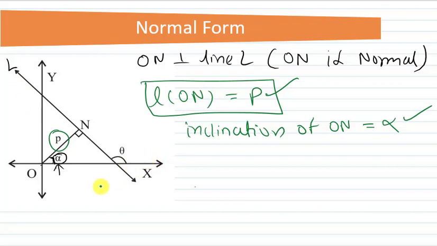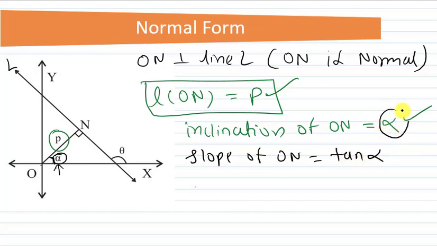So let's start. Here, if the inclination of ON is alpha, then that means the slope of ON will be tan of alpha, right? Slope of ON will be equal to tan of alpha, that is tan of the inclination.